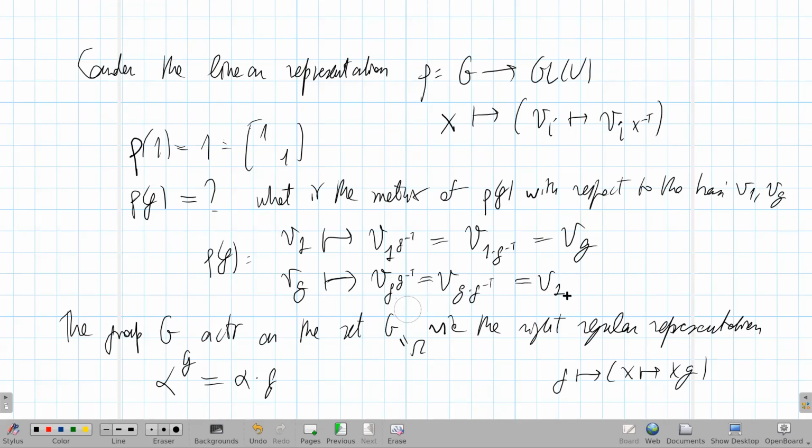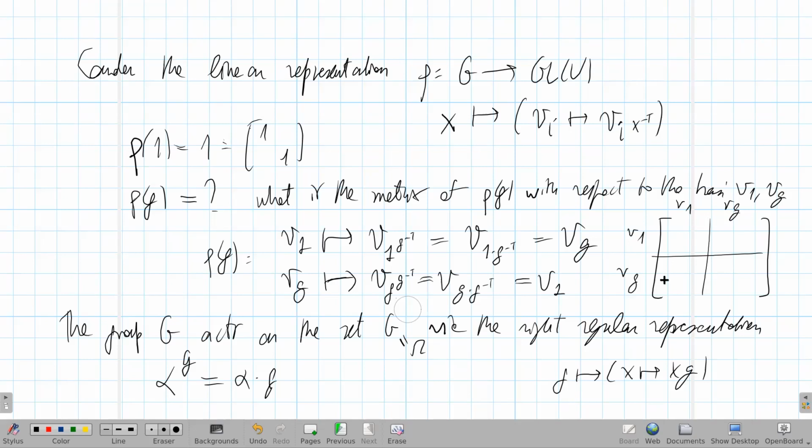So what's the corresponding matrix? Well, remember that I use row vectors. To build the matrix, it will be a 2 by 2 matrix because I have a vector space of dimension 2. To build a matrix of this linear map, I label the rows by the elements of the basis, and I label also the columns, V1, Vg, V1, Vg.